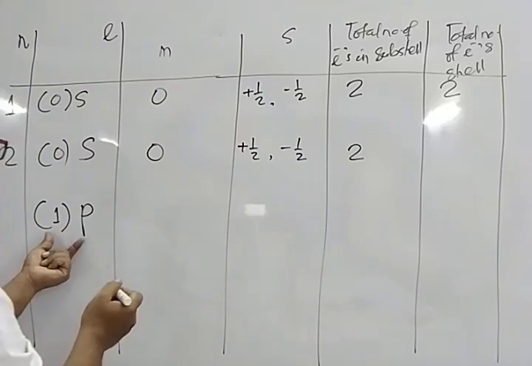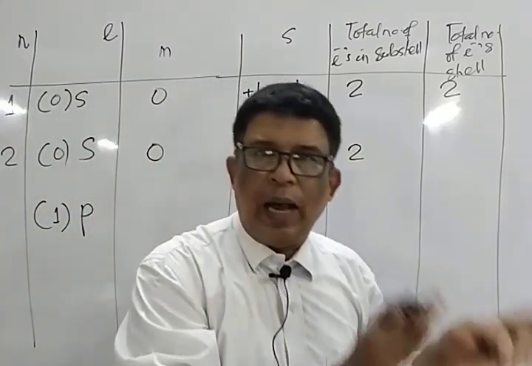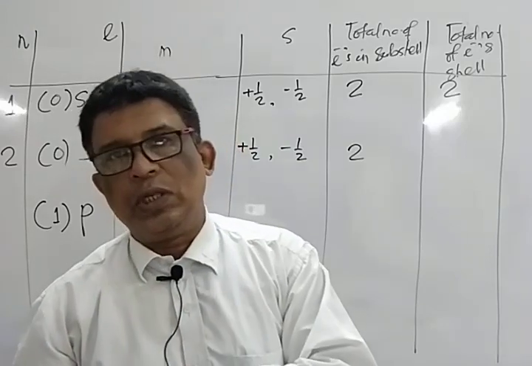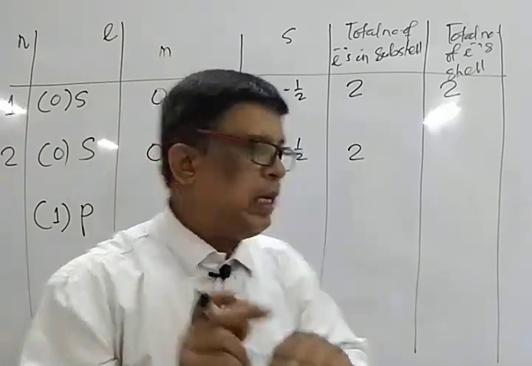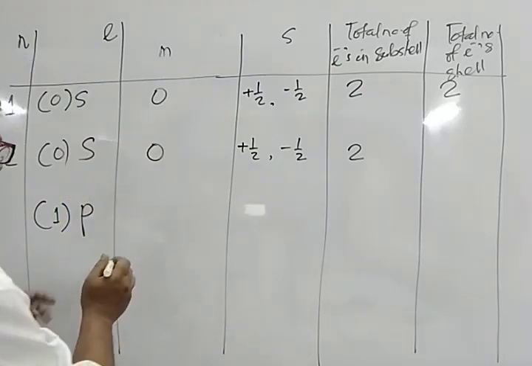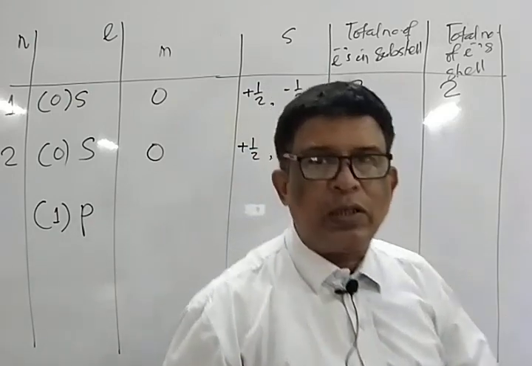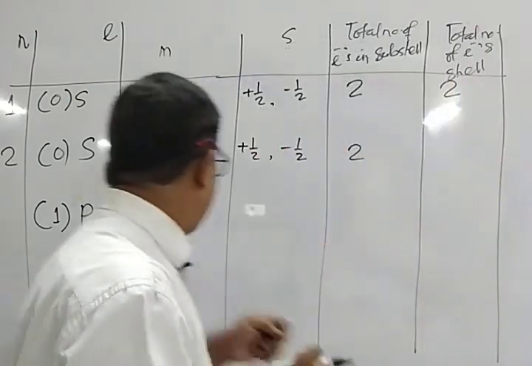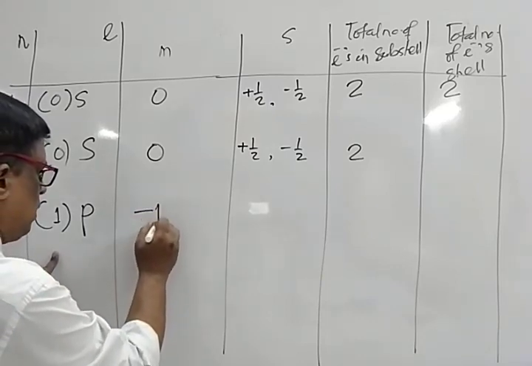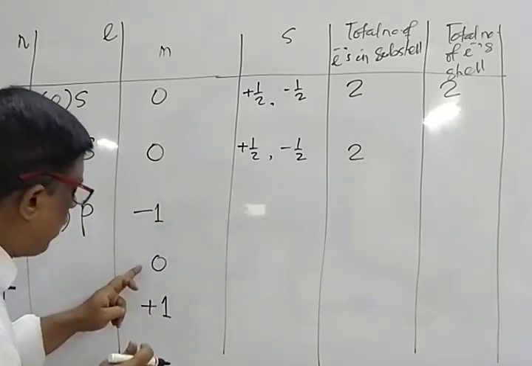2. In the P subcell, L is equal to 1, so the magnetic quantum number is minus L to plus L through 0, which means 3 orbitals are there: Px, Py, Pz. Mark that. In each orbital, the maximum number of electrons is also 2, we know that. Its possible values are minus 1, 0, plus 1 for Px, Py, Pz.